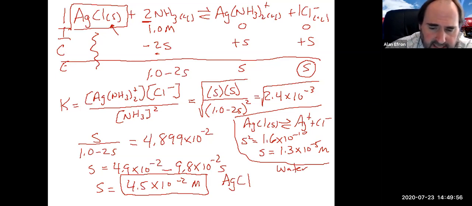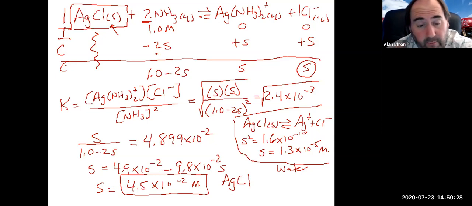And you could see that the solubility of it in ammonia is much, much higher. So just for reference point there, in water, you could dissolve 0.00001 moles per liter. In ammonia, you could dissolve 0.04, almost 0.05 moles per liter, way more soluble in the ammonia than in water in that particular case.